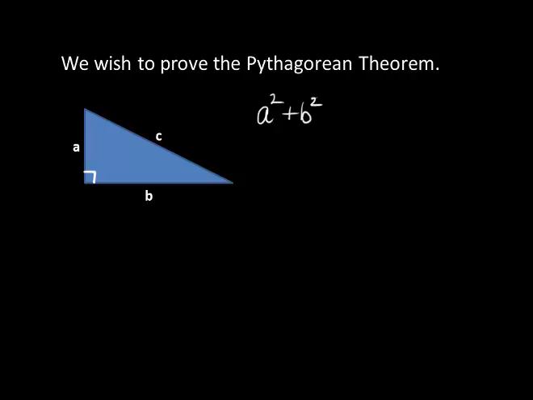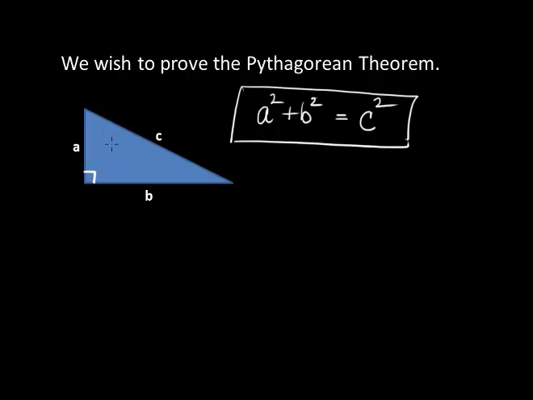And if you square them and add them together, you get the square of the hypotenuse. This is the theorem that we want to prove in section 4.1. Let's just jot down the area of this. We know the area is 1/2 ab, 1/2 the product of the lengths of the legs.